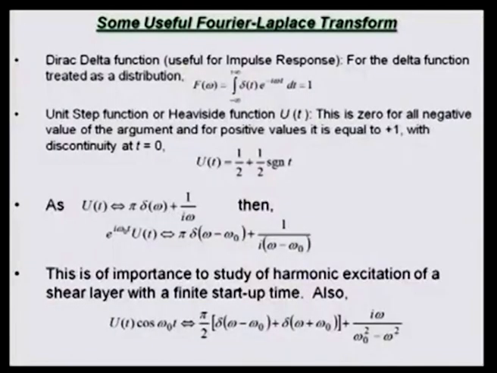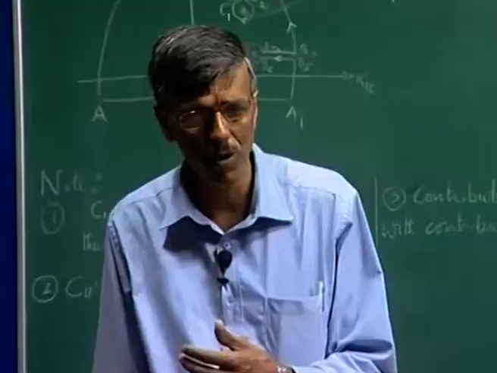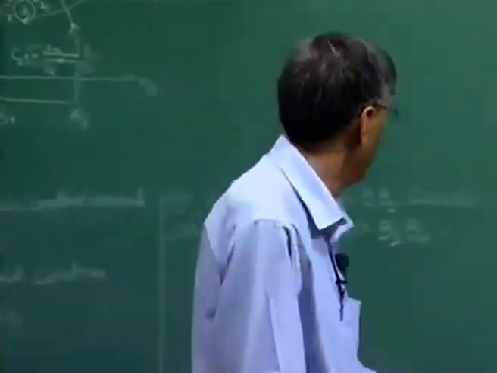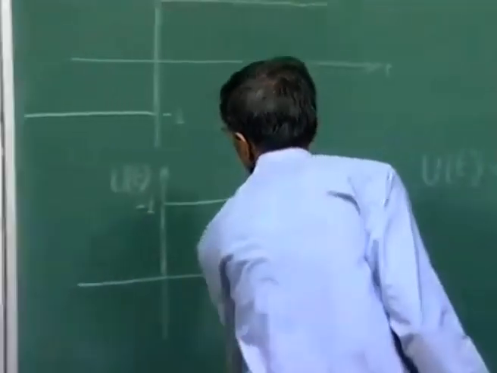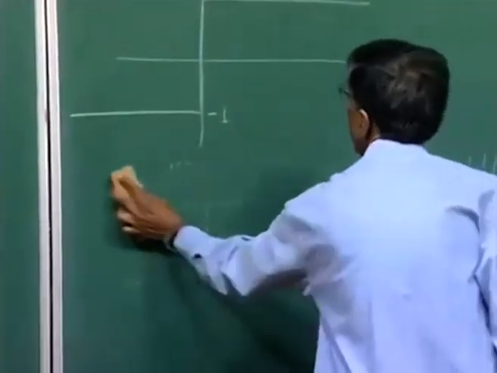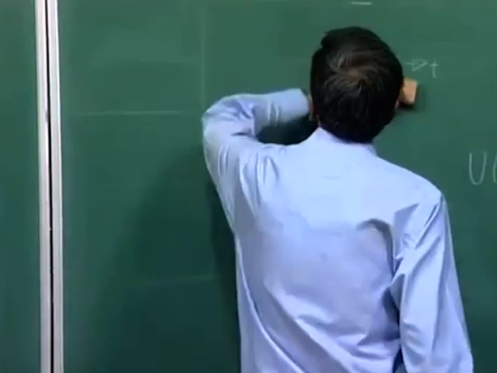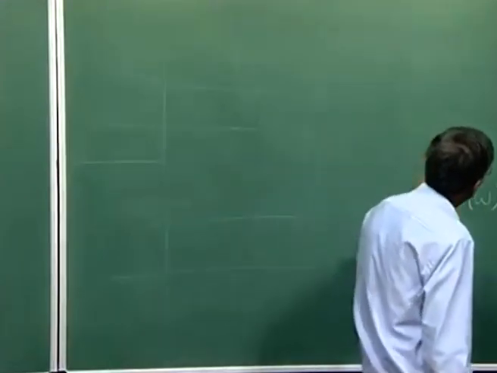Now, we want to solve it as an excitation problem, not as an eigenvalue problem. So, what is happening here is that we are going to solve the problem the way we have seen. We will talk about small disturbances.